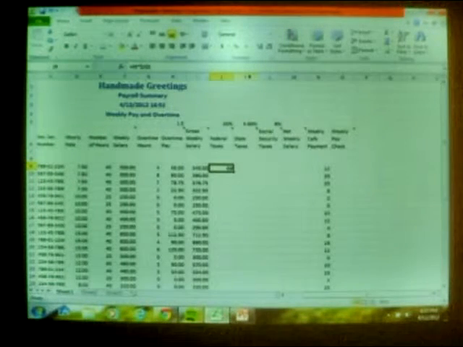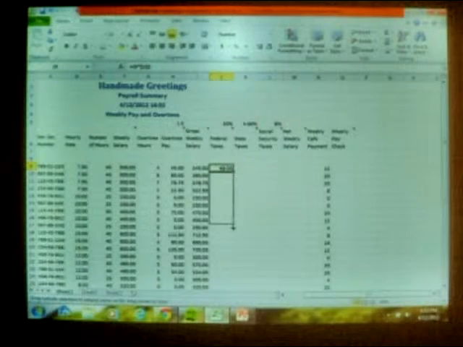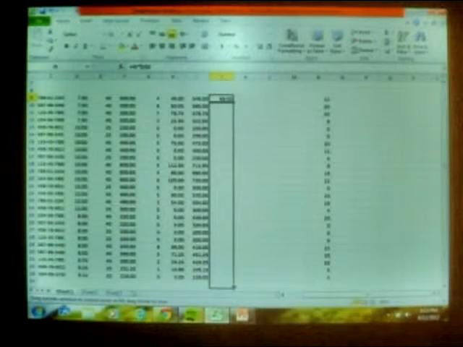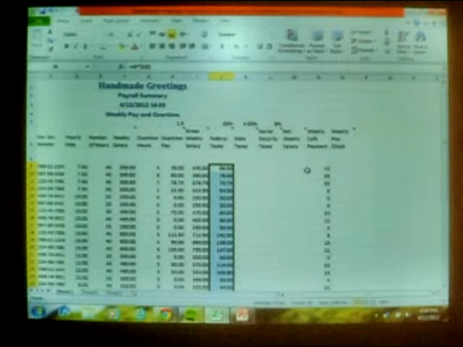Okay, so this person will have $69 taken out from federal, and we're copying the formula to the other employees, and so we solved federal taxes.